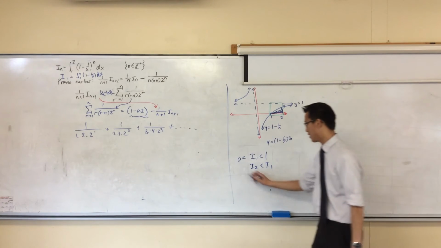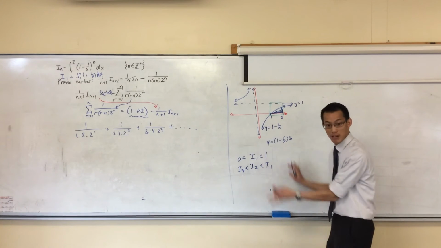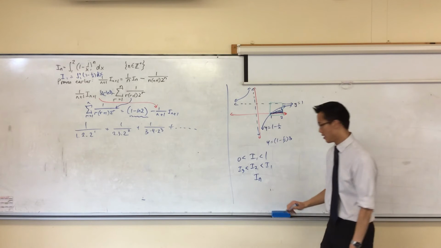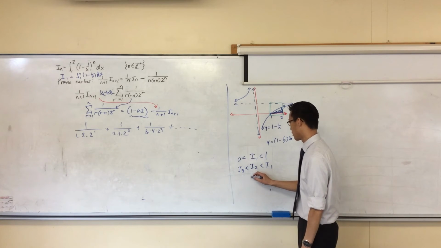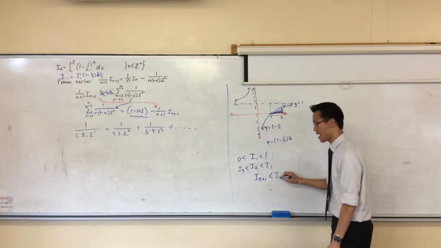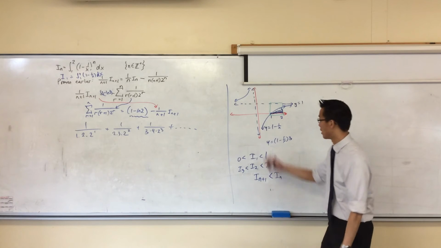And I3 will be less than that again. So more generally speaking, I(n+1) will be less than I(n). As this number gets bigger, the area gets smaller, it gets lower.